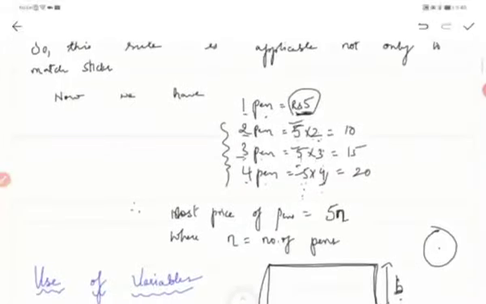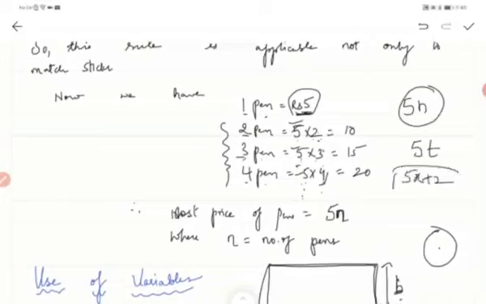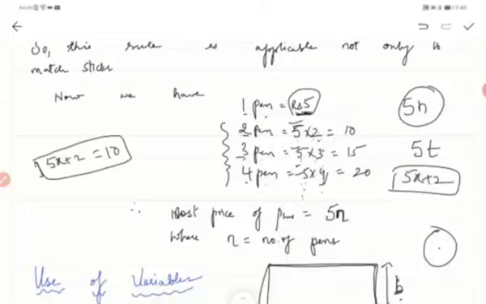If you have something like 5n, this is called an expression. Also 5t, or 5x plus 2, this is also an expression. Until I get an equal to sign and the expression is equated to some value, we will not call it an equation.